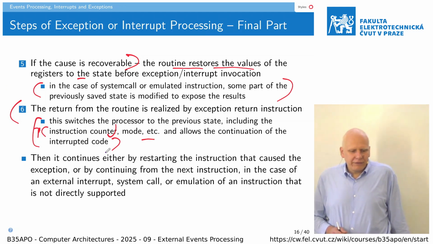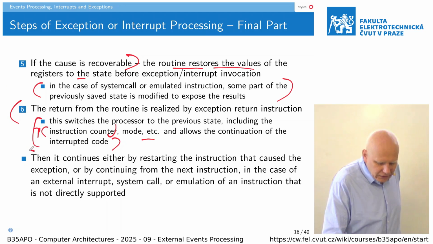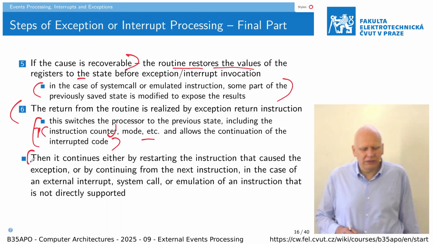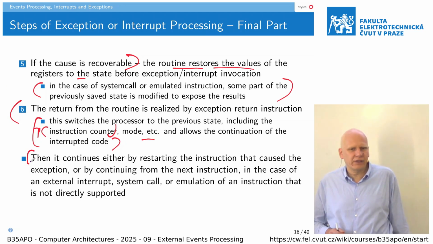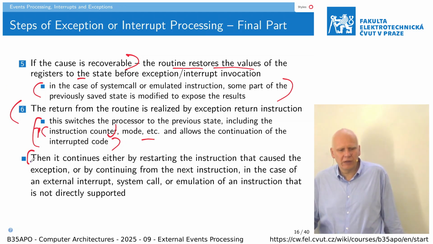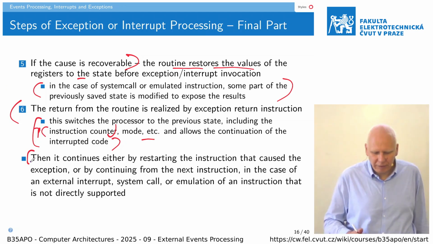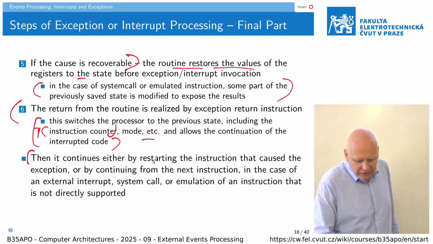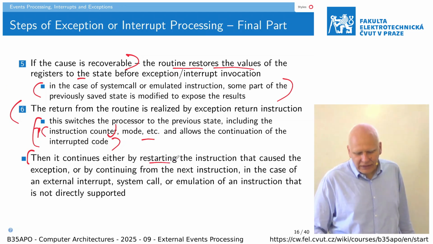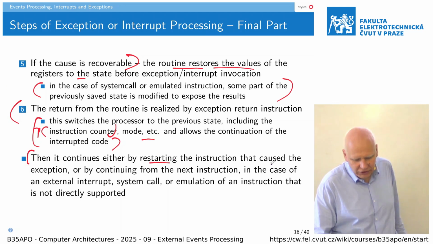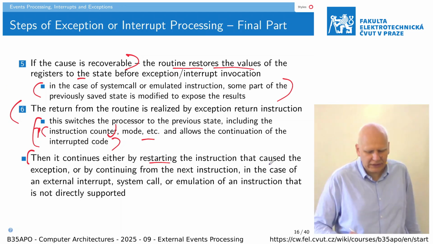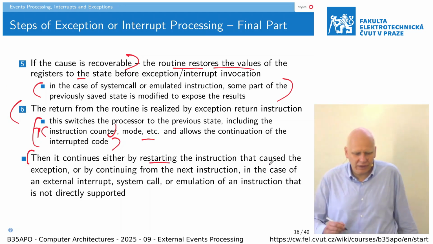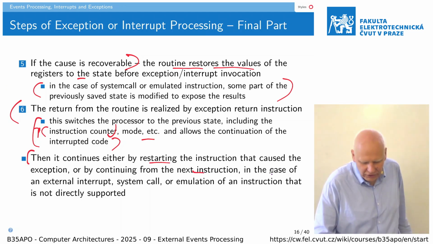So if the cause has been an error in the execution of an instruction, and if it can be resolved, for example a memory page swapped in, then the execution restarts at that instruction, and it usually finalizes normally in this case, and continues by the next instruction and so on.